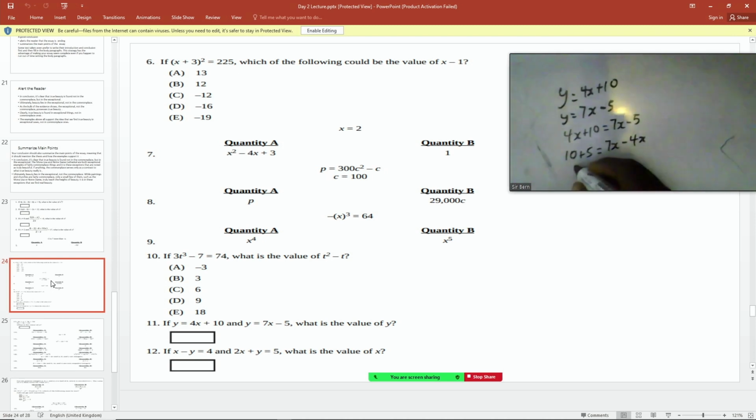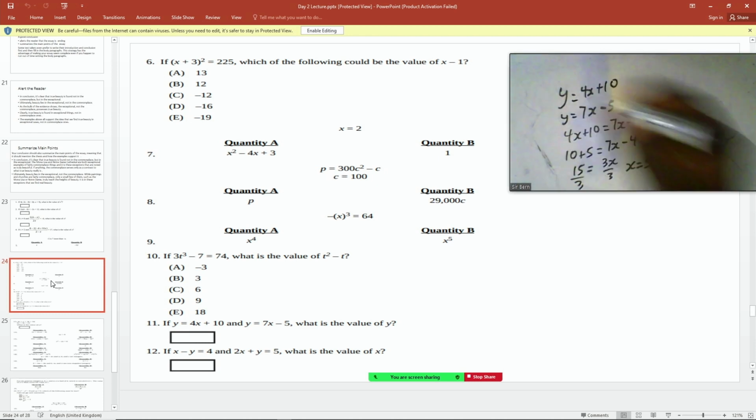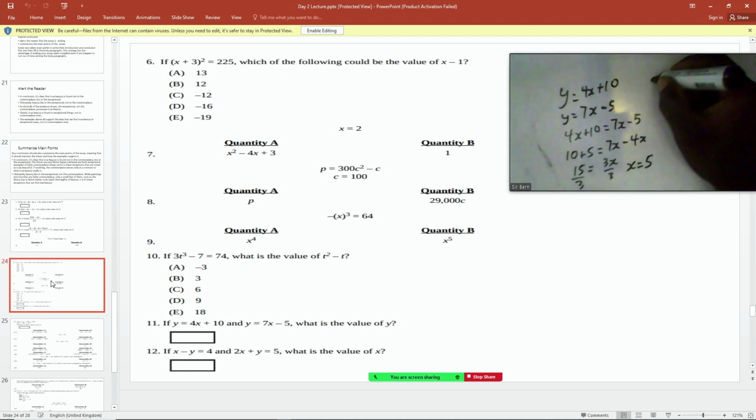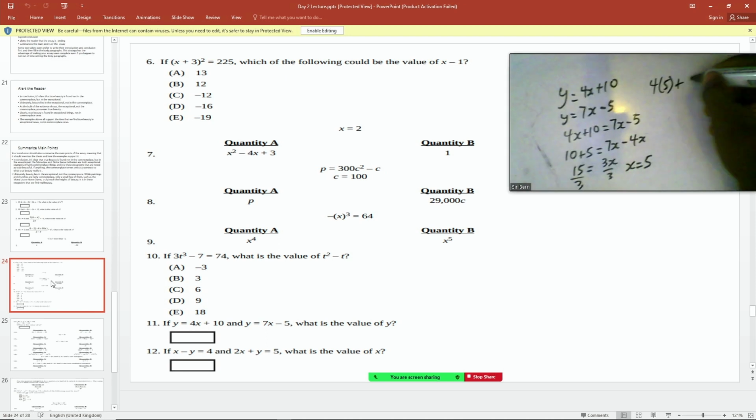So we have 15 is equal to 3x. Dividing through by 3, we get x to be equal to 5. So we can insert this into any of the y equations to find y. So 4 into bracket 5 plus 10, giving us 20 plus 10, which is 30. So we write 30 into the box. That is our answer.